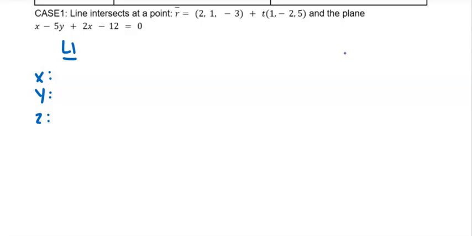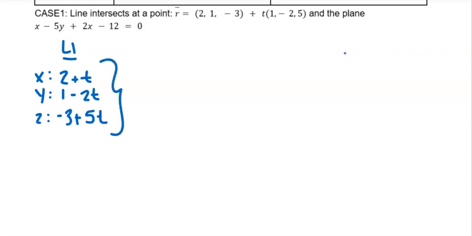My point is (2, 1, -3). And x goes in the t direction once, y goes in the -2t direction, and z goes in the +5t direction. And the question that I want to know is when does this line meet the plane? So when t is what?